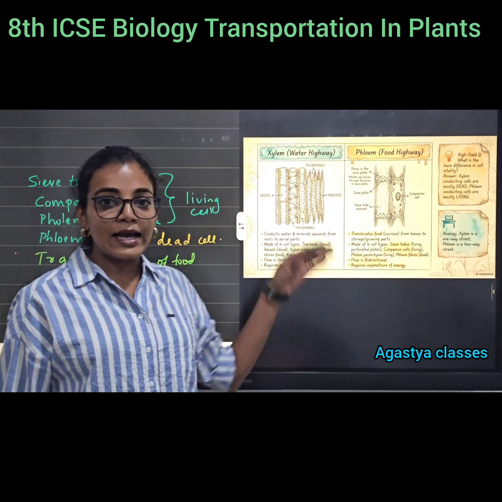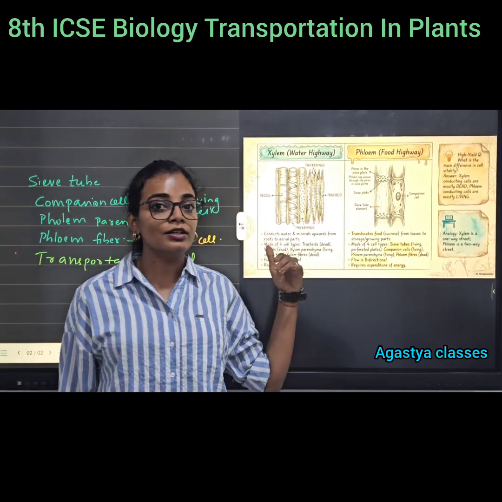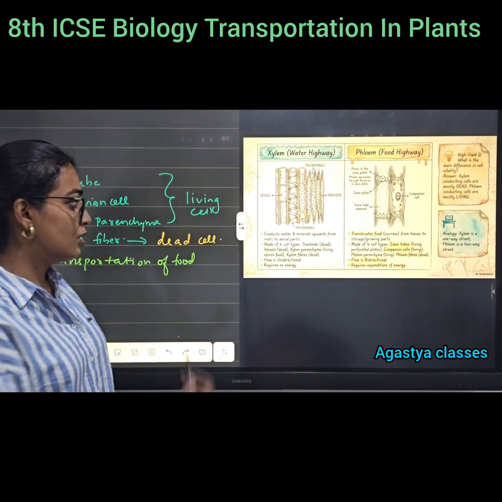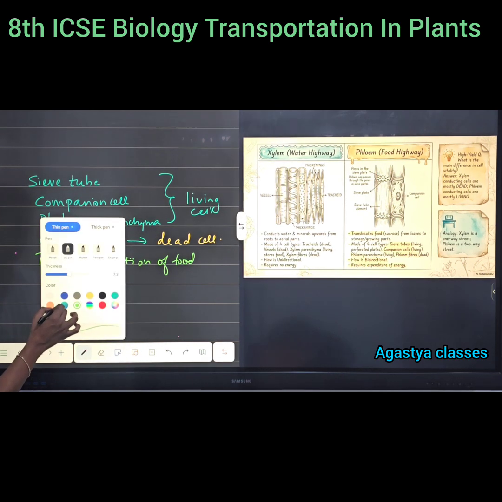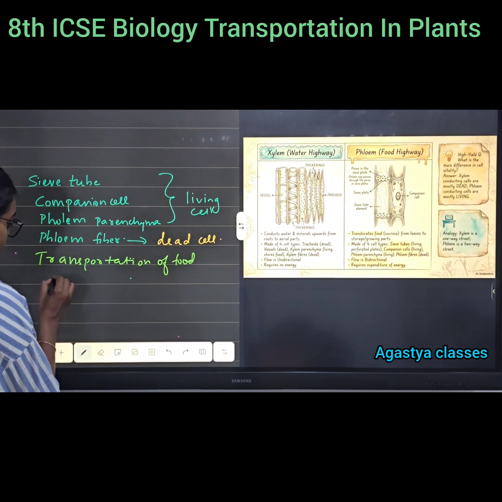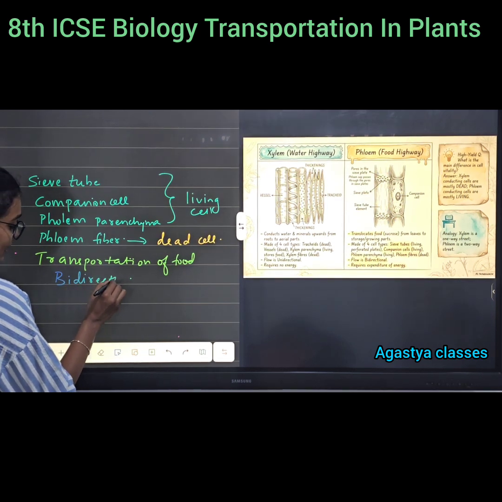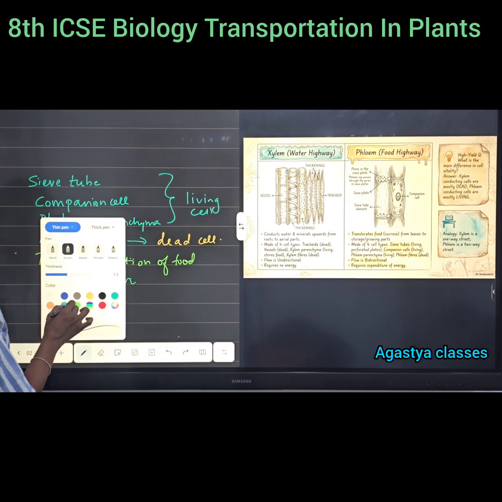Xylem transports water in only one direction. It was said that xylem transports water in unidirection. Phloem transports food in bidirection. How come bidirection? So let us see.